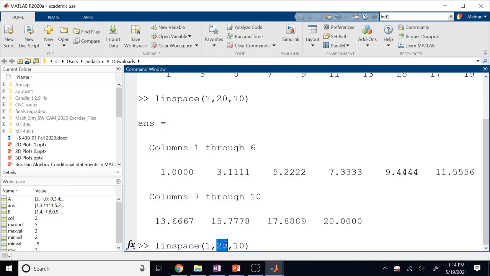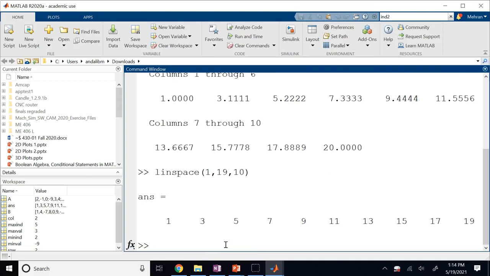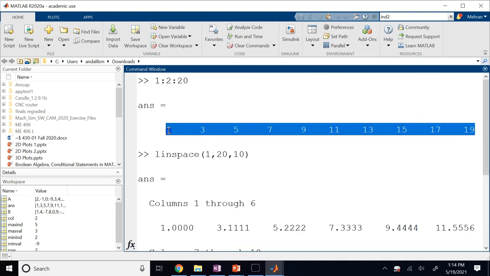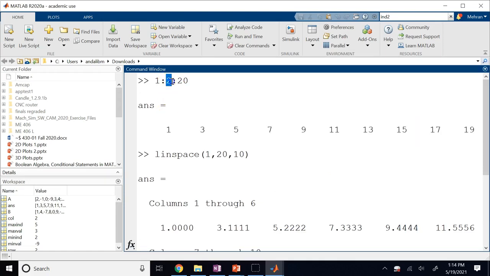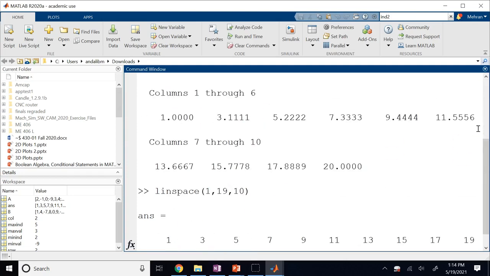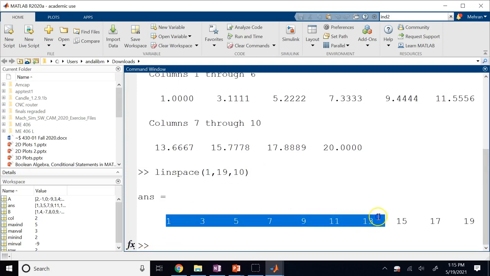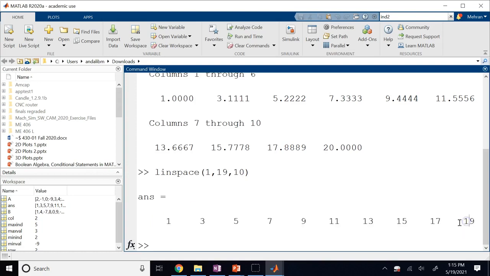Create them between 1 and 19, then I would get the same thing. So what's the difference? Here, you don't know the number of data points right off the bat. The increment would tell you how many data points you have. Here is the opposite. You know how many data points you want. You don't know right off the bat the increment that you need.